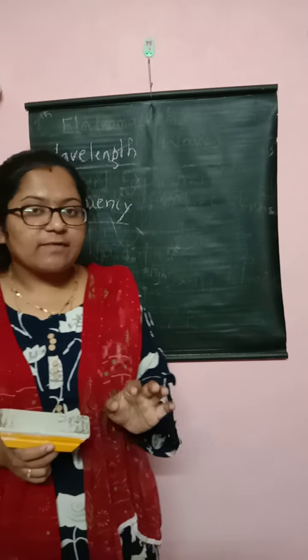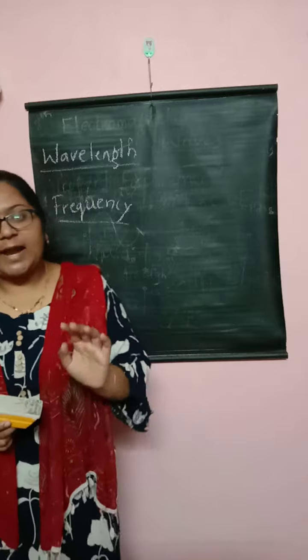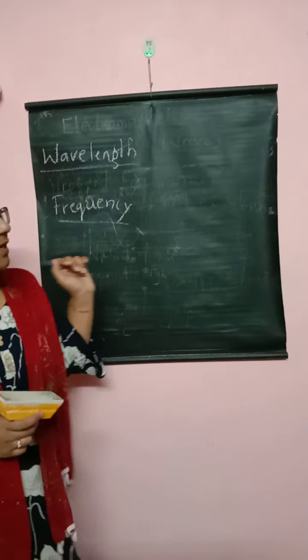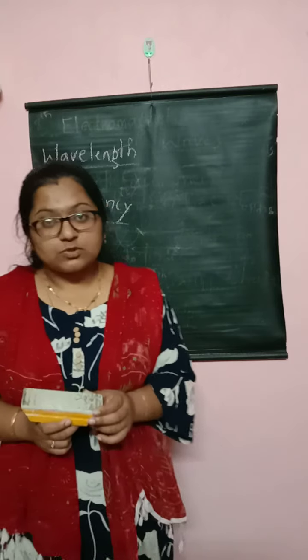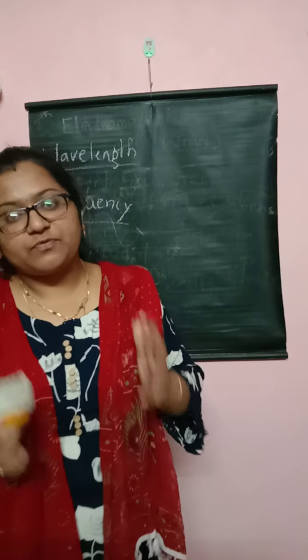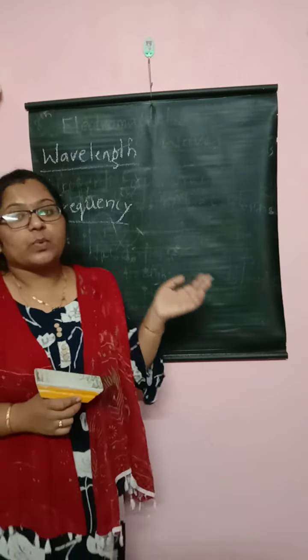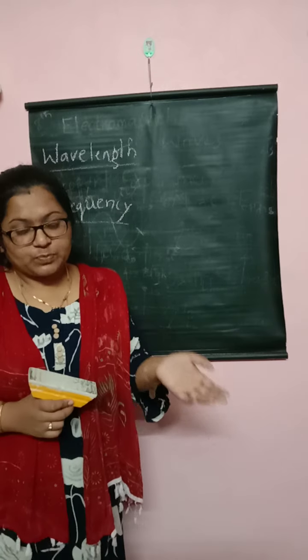All the waves will be having particular wavelengths, and they should be having particular frequency. Okay, so electromagnetic waves are also having a wide range of frequencies and wavelengths. Understood? Electromagnetic waves are having a wide range of frequencies and wavelengths. Understood?